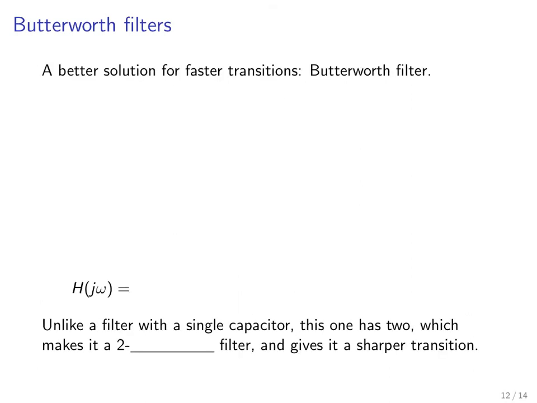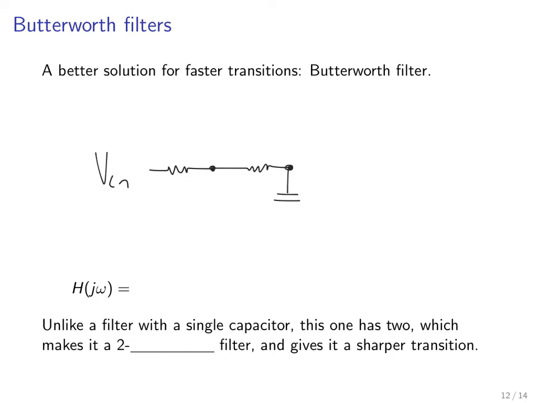A better solution to get faster transitions than cascading a bunch of low-pass filters can be the Butterworth filter, and it's a very famous filter. This is the topology. We have Vin on one end, as usual. Then we have an input resistance, then the same resistance again.